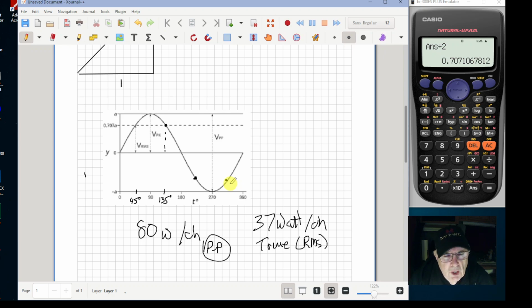Okay, so that's the reason for wanting to know the RMS value and why that's important, and that it's calculated from where the angle is at 45 degrees and multiples of 45 degrees throughout the whole 360 degree movement of the sine wave.